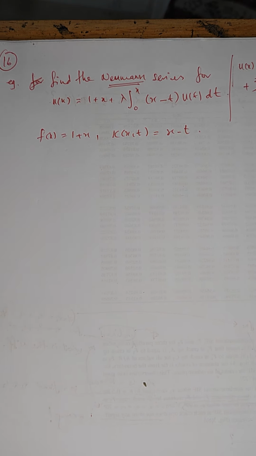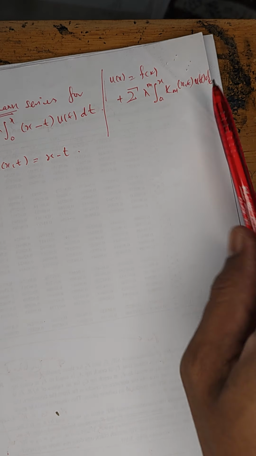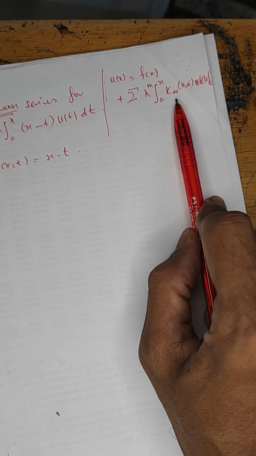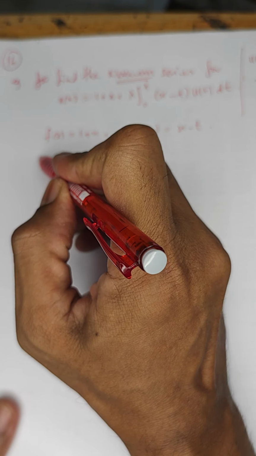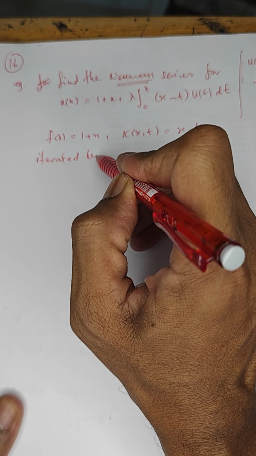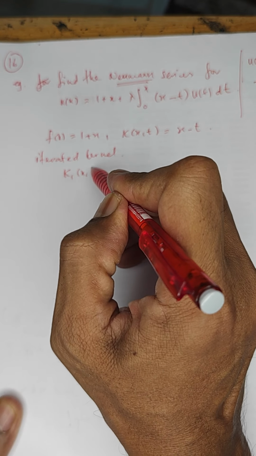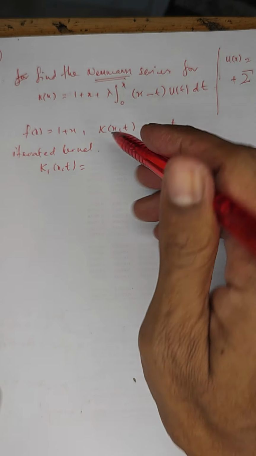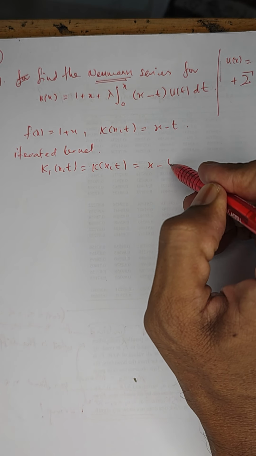Now, first thing, of course, we need to find what K_m is. To find K_m, we need to find it iteratively. So for the iterated kernel, we have K_1(x,t), this is K(x,t), so we have x - t.